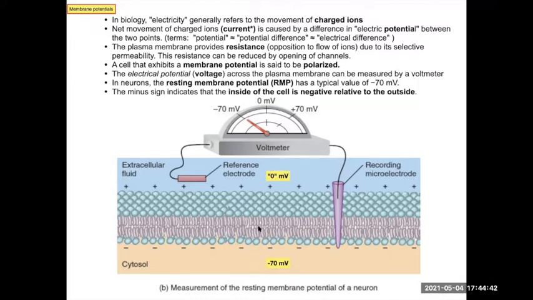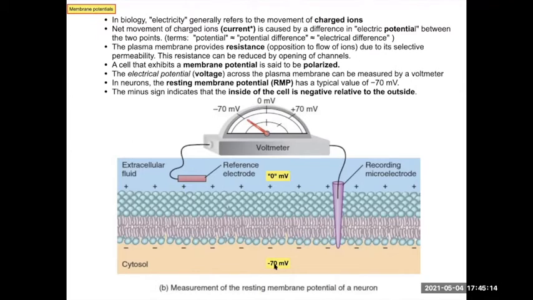Mostly for what we're talking about, we're going to call the inside of the cell minus 70 millivolts on a voltmeter. The voltage, the electrical difference between these two, is minus 70 if we consider the outside 0 millivolts. These don't really mean anything in absolute terms. It's just the difference between these two.